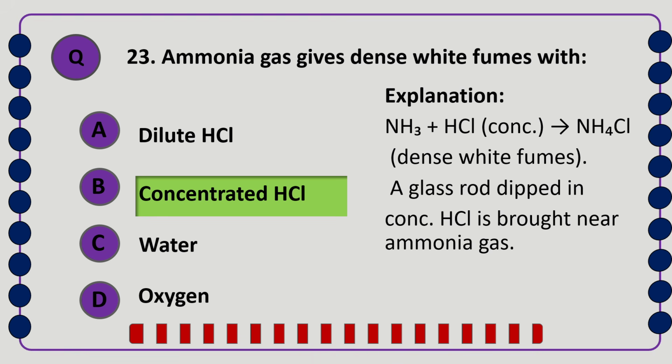Now these terms are very important, students. Concentrated and dilute. Dilute will not give this test, but concentrated will. So if you don't write the word concentrated, you might lose marks in the exam. So answer is concentrated HCl. When HCl comes in contact with ammonia, it forms ammonium chloride, which is dense white fumes. Let us move to the next question.